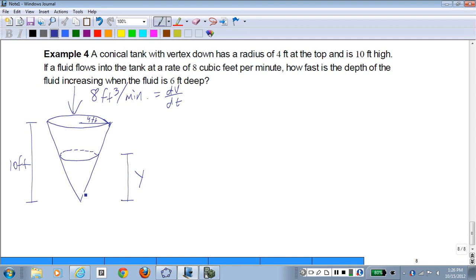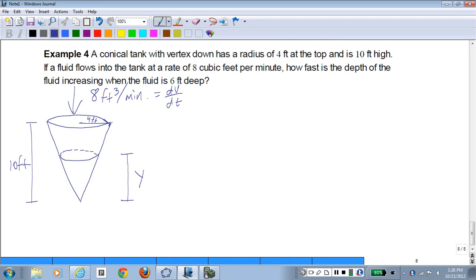Okay. We need a relationship among the variables Y and V so that we can differentiate both sides with respect to t and have a relationship among the quantities Y and dV/dt, since we know Y equals 6 at this point in time.